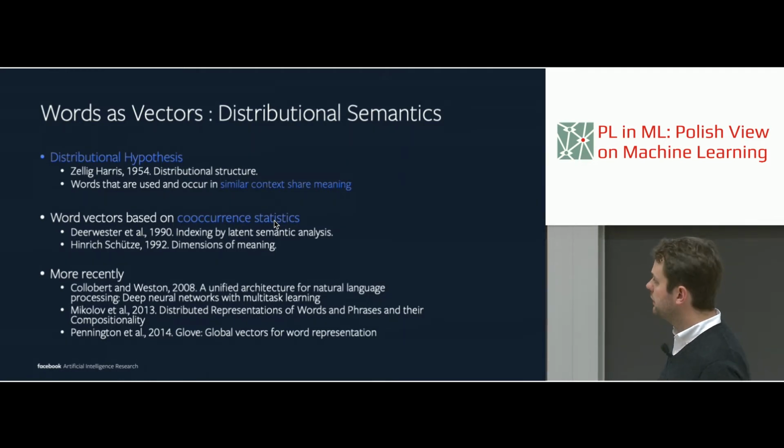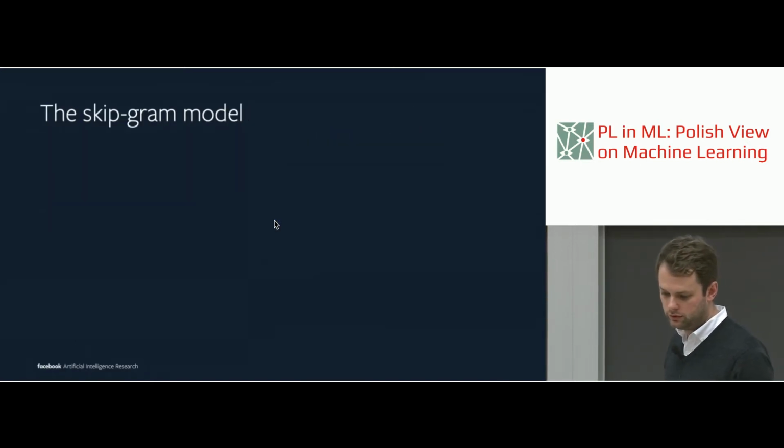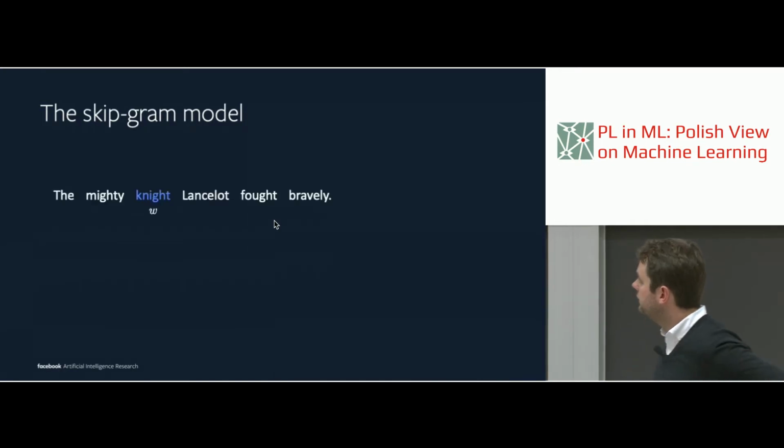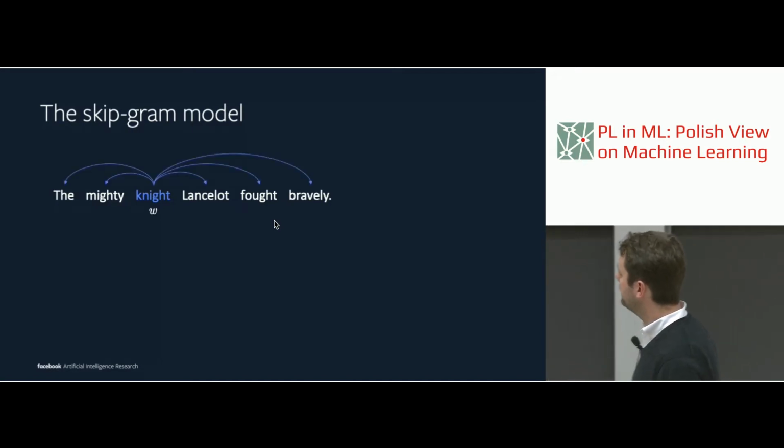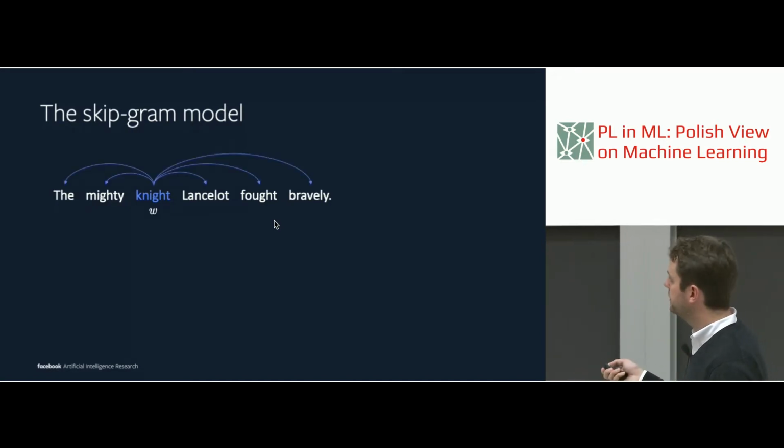So I'm going to describe now two variants of the models that were proposed by Tomas Mikolov. And the first one was the skipgram model. In skipgram, if you have a sequence of tokens such as this one, the mighty knight Lancelot fought bravely, and the current word W is knight, the goal of the skipgram model is, given this word, predict every word in the context.